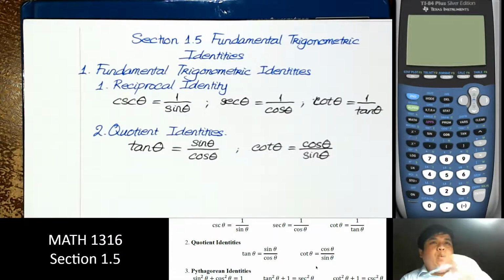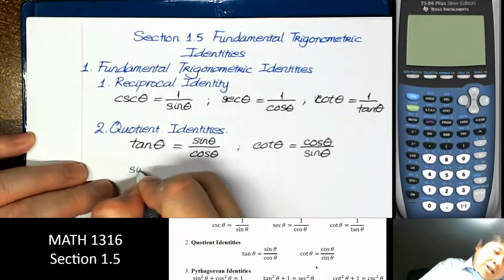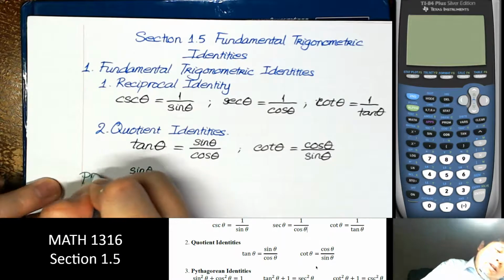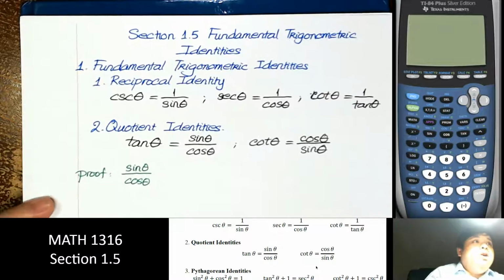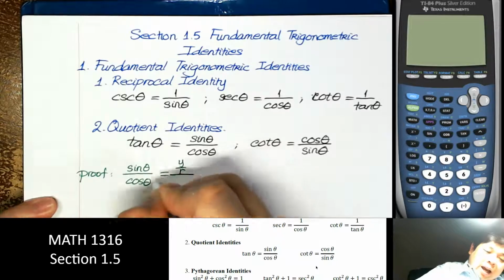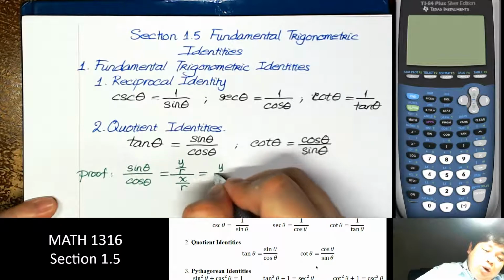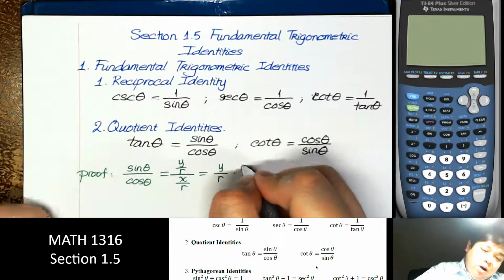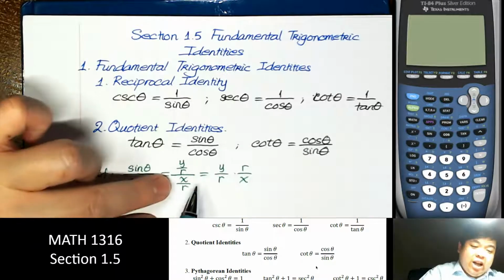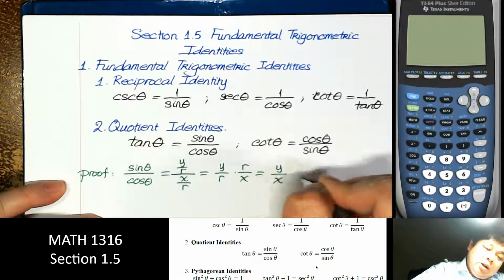So why is that though? Let's see. Sine over cosine. This is the proof. Sine is y over r, and cosine is x over r. Dividing a fraction is multiplying by the reciprocal, so we're going to multiply by r over x. Y over r divided by x over r flipped, r and r cancel out. We have y over x, which is tangent.